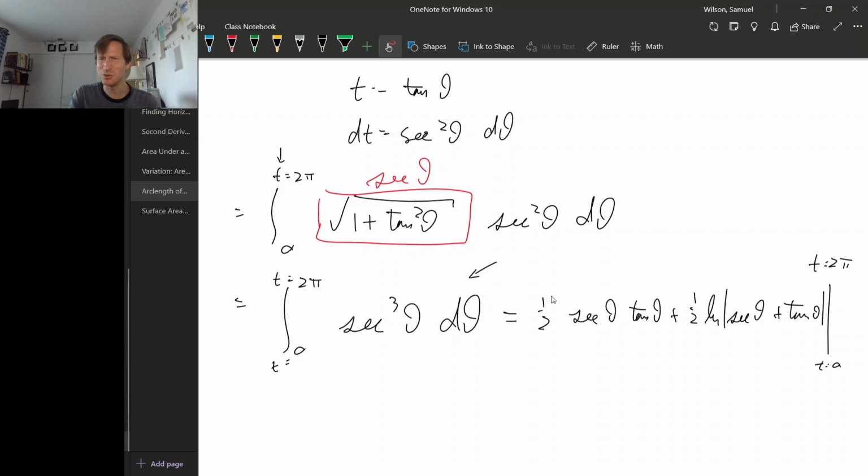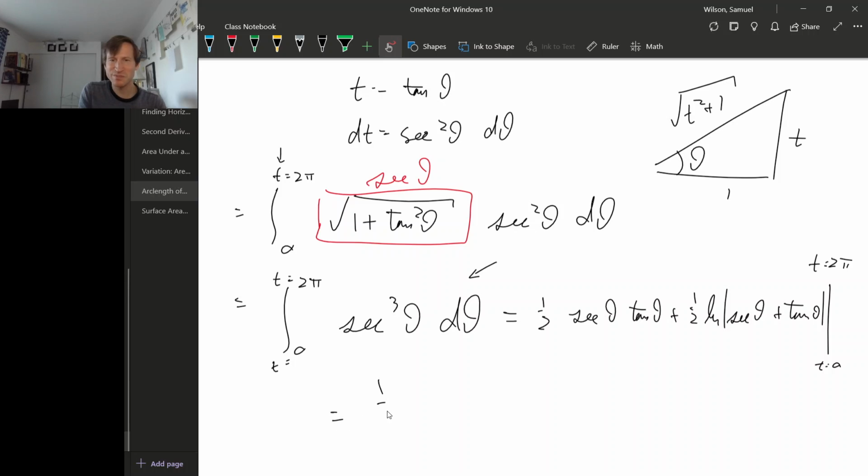Now we need to get back to our t's. So, right, if we have theta here, tangent theta is t, so we need a t here and a 1 there. So we need square root t squared plus 1 here. So in terms of t, secant theta is square root t squared plus 1.